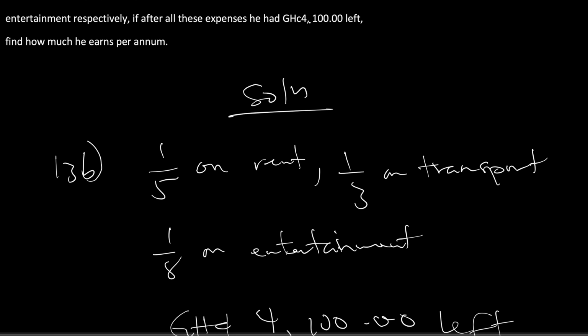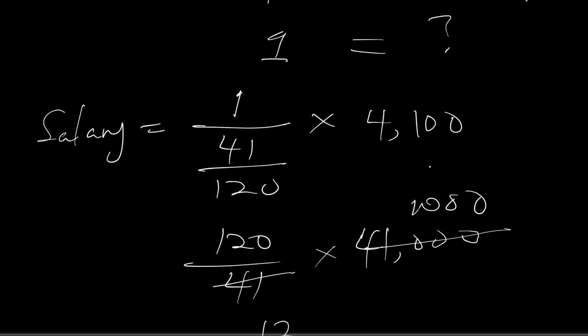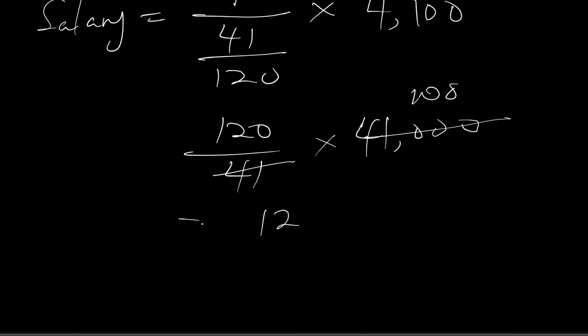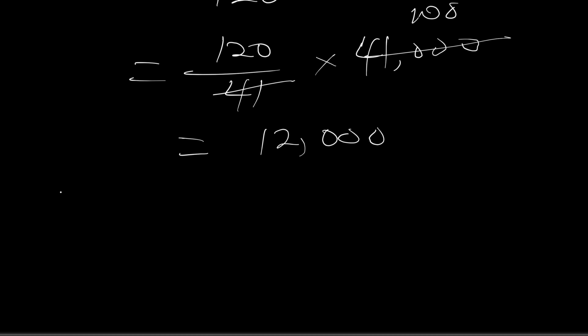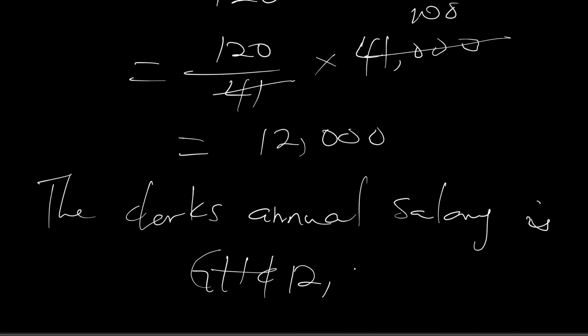Okay, so the amount left was 4,100, not 41,000. So it's 4,100. In that case, 41 will go here 100 times. So this will be equal to 120 times 100 is 12,000. And so the clerk's annual salary will be 12,000 Ghana cedi.